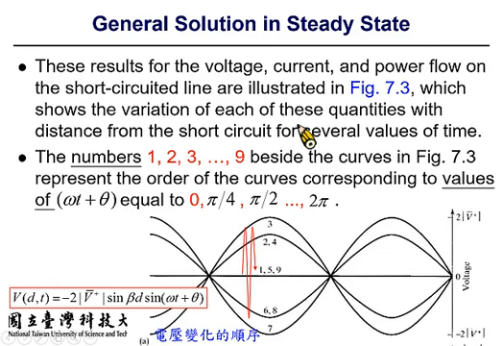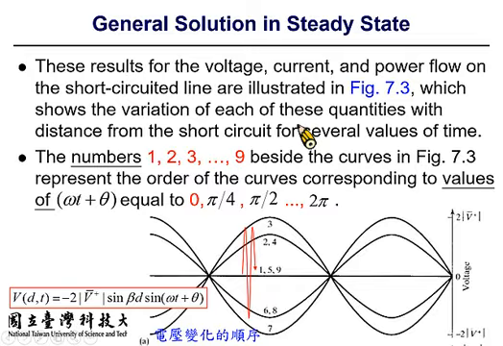So for the voltage node that is satisfying the sinusoidal function sine of beta d, as long as beta d equals 0, pi, 2 pi, an integer multiple of pi, then the position d shall satisfy the condition for achieving a voltage node. So we can simply derive the result.